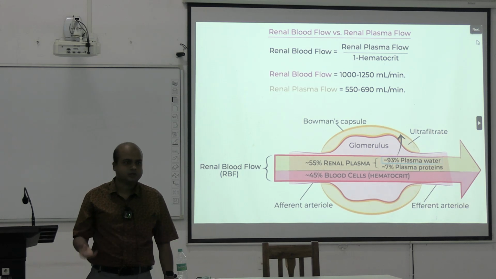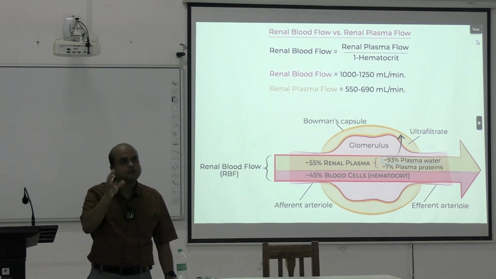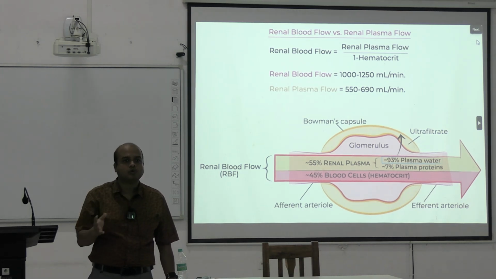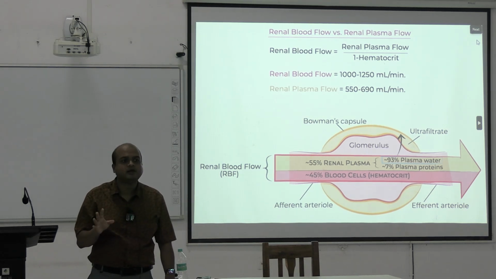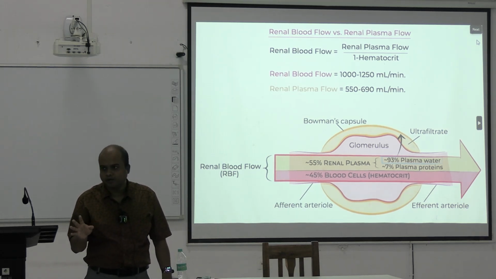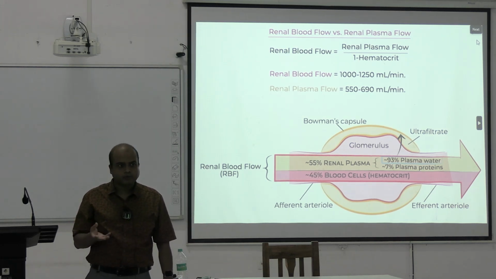If the kidney does not degrade or produce it, then only it is valid. Whatever is entering through the renal artery can leave through either the renal vein or urine. No other way of going out.